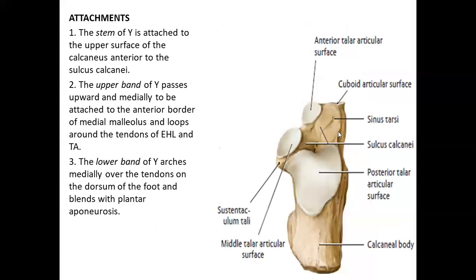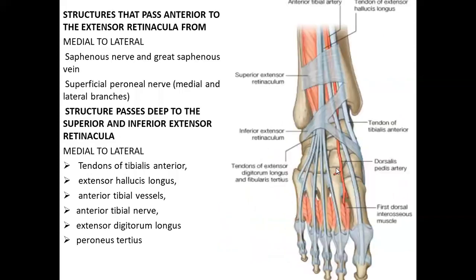It will become more clear when we study the calcaneum, which is the heel bone. So the stem of the Y is attached to the upper surface of the calcaneum that lies anterior to the sulcus calcanei.